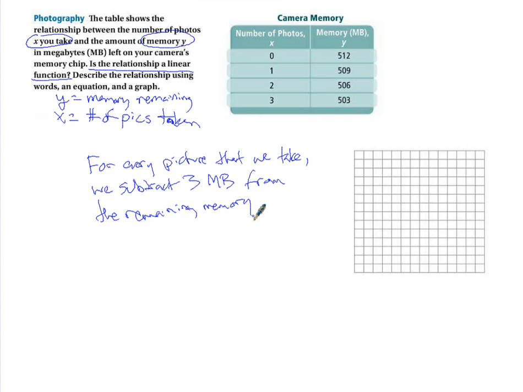Now the question is, how do I write the equation? So if y is the memory remaining, then I can write y equals. If I haven't taken any pictures, then y equals what? Y is the memory remaining, that's right. So y is 512. So what is the equation that I'm going to write going to be?